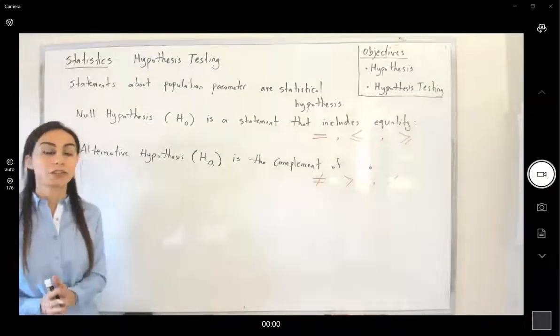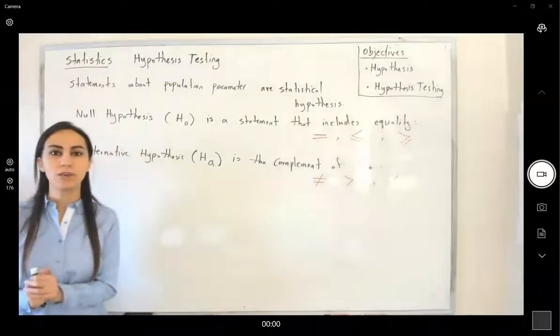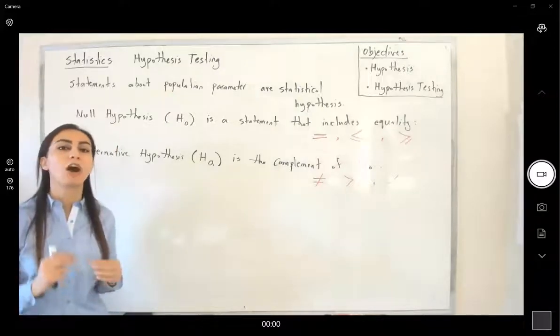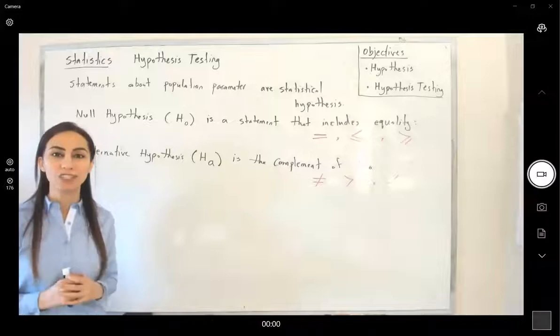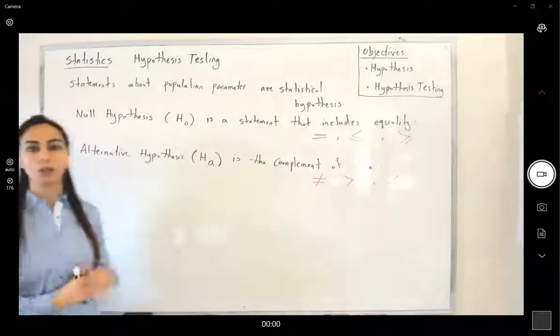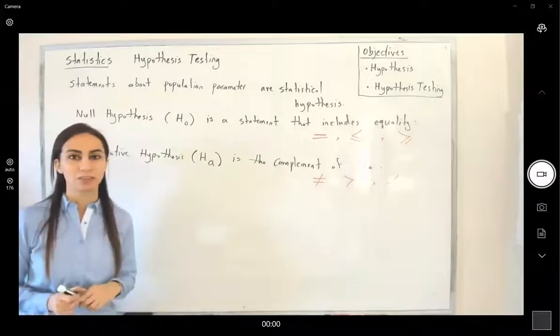So when you're constructing the null hypothesis and alternative hypothesis, we read the statement carefully. We identify keywords. Then, based on those keywords, we construct a null hypothesis or alternative hypothesis.